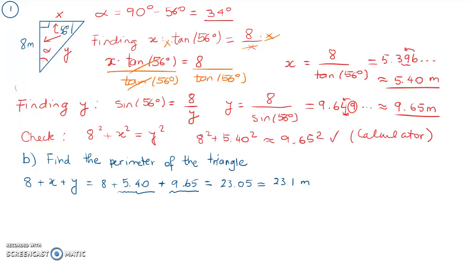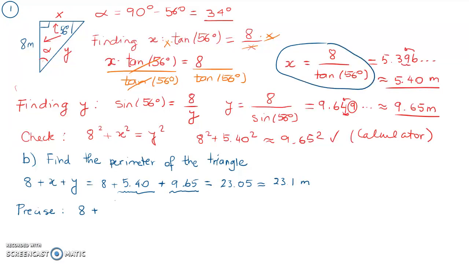So if we want to be precise, and I hope you do want to be precise, what we need to sum over here is 8 plus, and when we found x, we found that actually the value of x is 8 over tangent of 56.